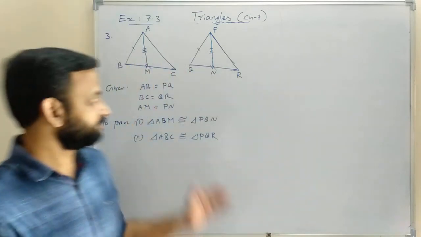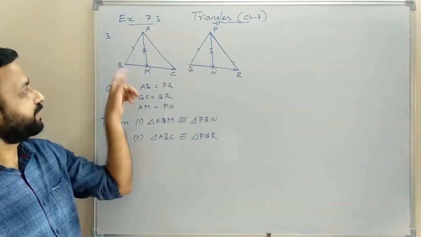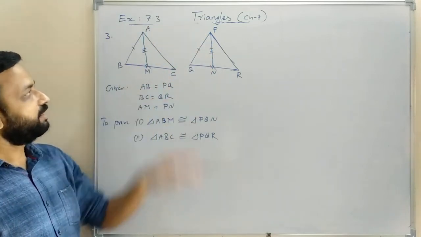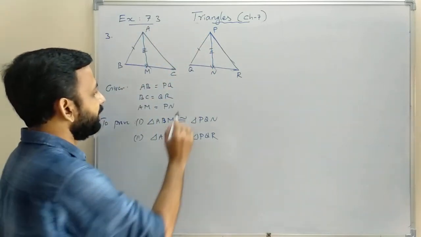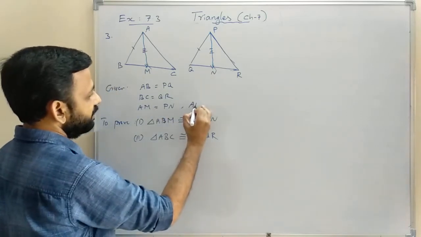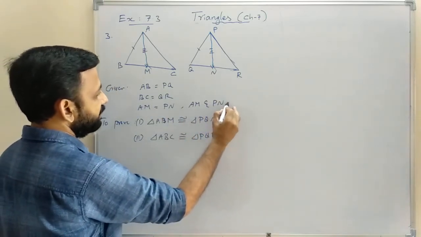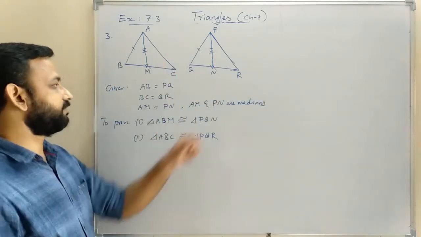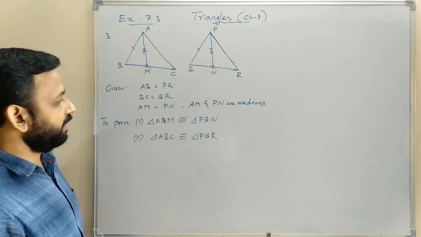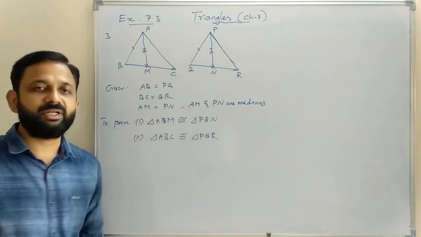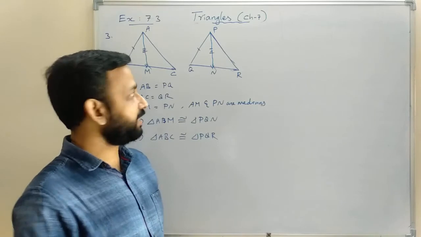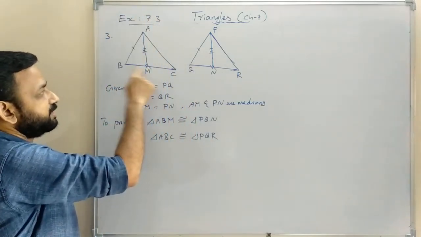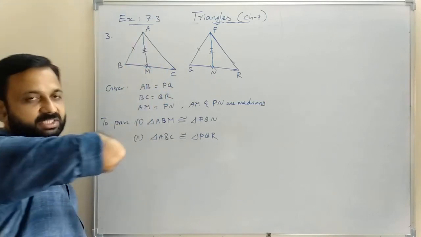So the given conditions: AB equal to PQ, BC equal to QR, AM equal to PN. And one more condition is given: AM and PN are medians of the triangles. A median is the line segment joining the midpoint of one side and the opposite vertex.